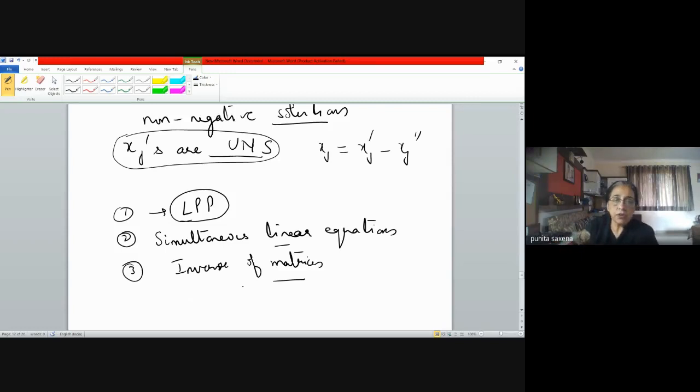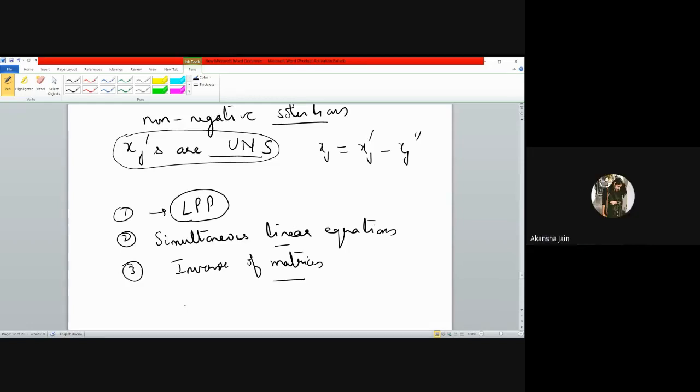You'll increase your number of variables. Obviously, if you have two variables and 3 equations, you are going to change them to 4, because every variable will be replaced by 2 non-negative variables. The only thing is that we can apply phase 1 only with the condition that my variables have to be non-negative in nature. Yes, ma'am.